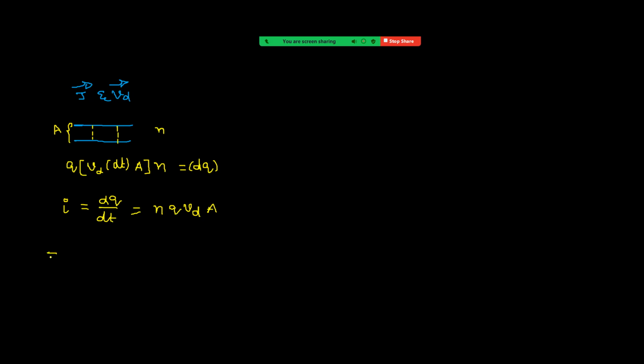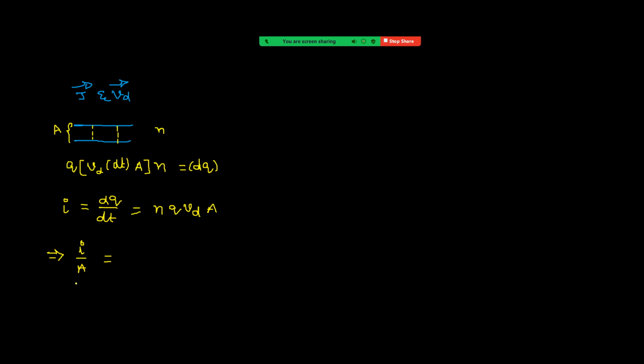After having the current, now you can see here I by A. I by A means, if you assume that current is normal to the cross section area and the distribution is uniform, then I by A gives the average current density.